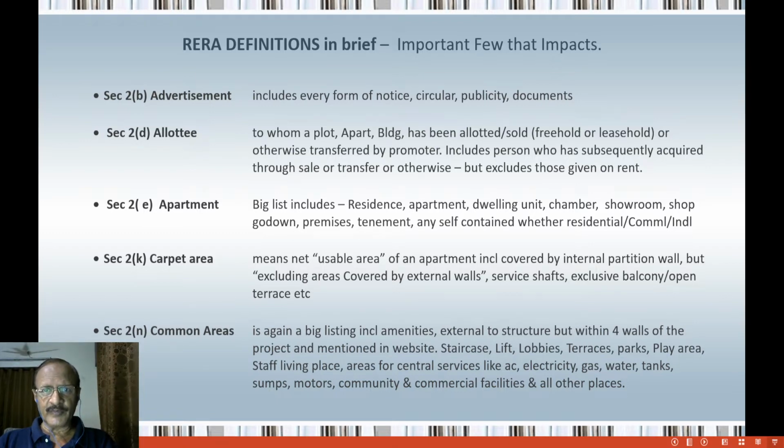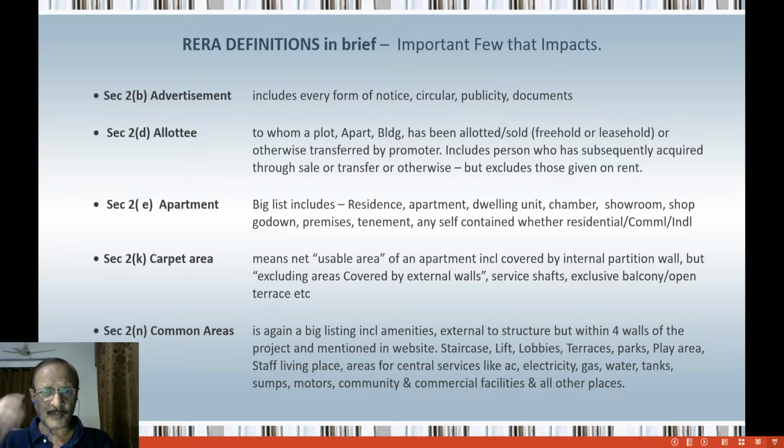It could be a notice, it could be a circular, or it could be publicity in any form, maybe audiovisual publicity, paper publicity, or outdoor publicity, informing about a real estate project or offering for sale of a plot. Either a plot or a project, real estate project, they are offering, either a building or an apartment, or inviting persons to purchase in any manner such plot, building or apartment, or to make advances or deposit for such purposes. Clear?